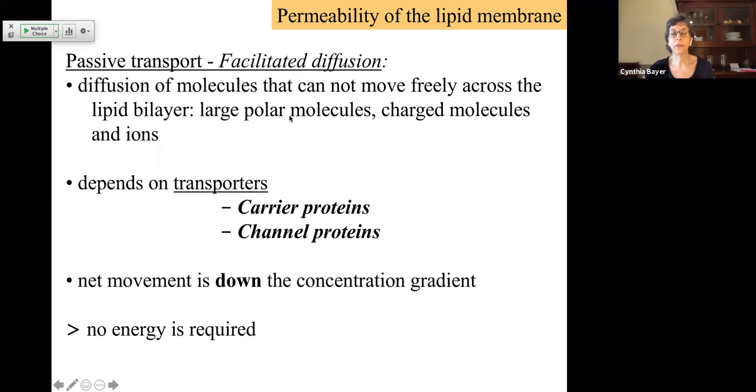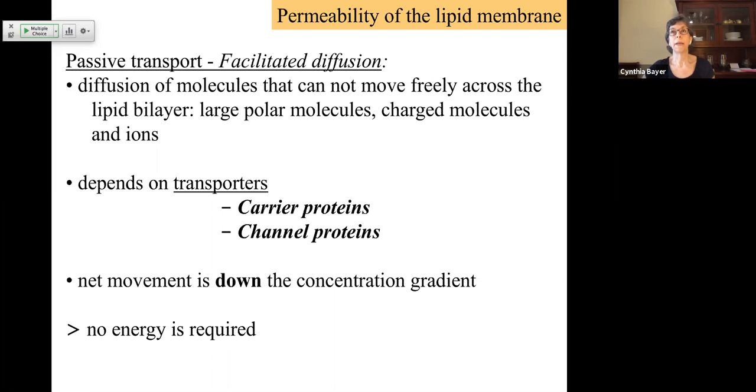The movement of these types of molecules, polar, large, charged, depends on transporter proteins. There are two main types of transporter proteins, either carrier proteins or channel proteins. And they allow a molecule or an ion to move down its concentration gradient. Again, passive, no energy required.